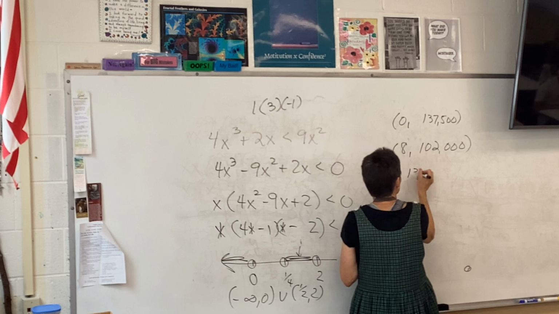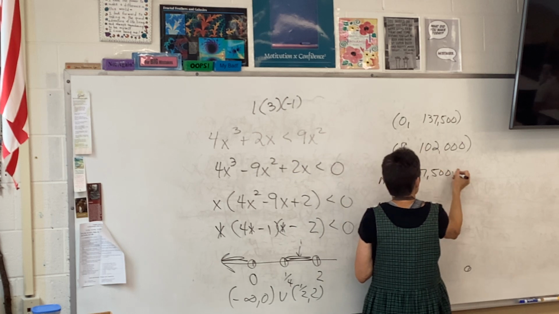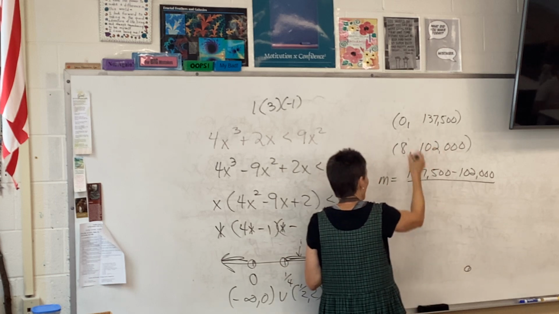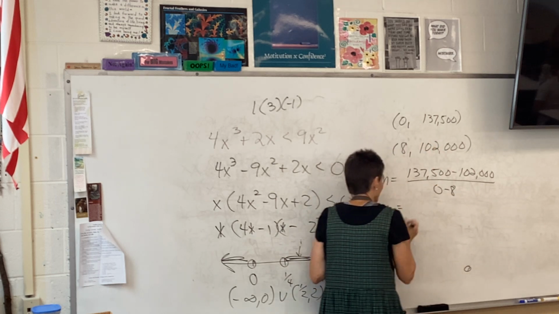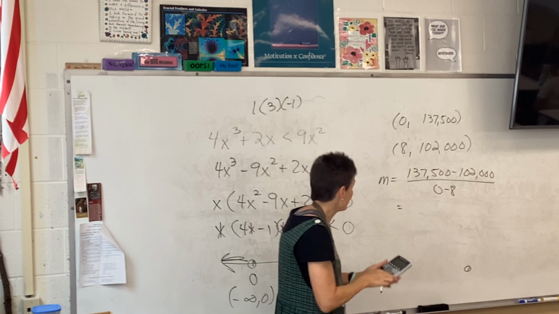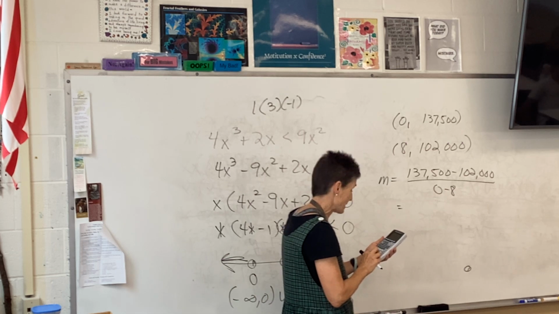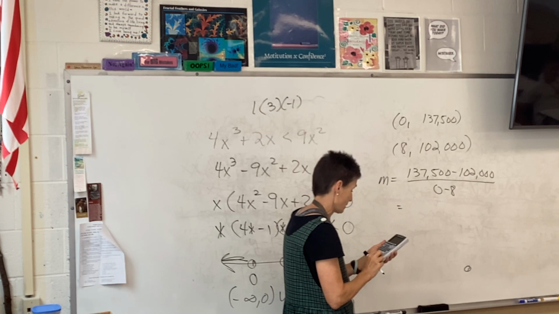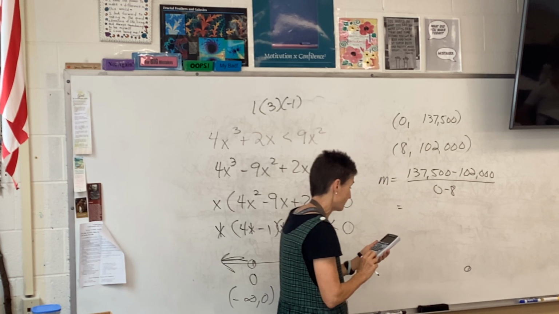So 137,500 minus 102,000, always y minus y. That slope is going to be a negative number. Does that make sense in the context of this problem? Yeah, because why?